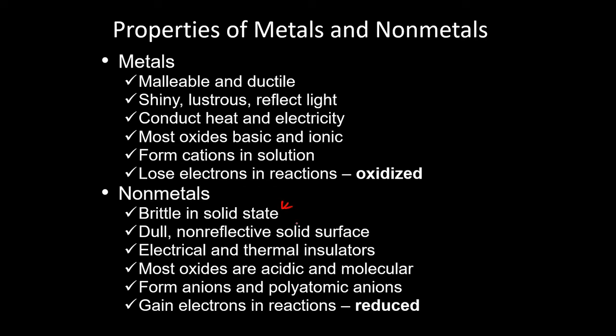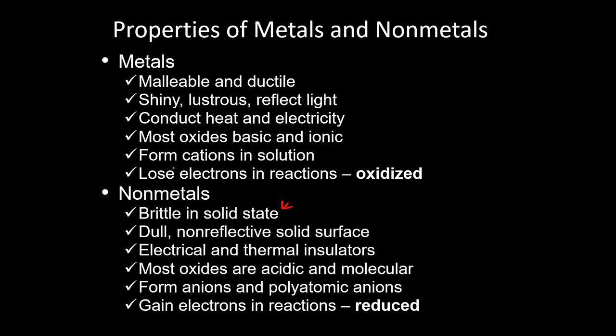I don't know if you've ever tried to form something out of charcoal, but charcoal, which is mainly carbon, a nonmetal, you're not making too many buildings out of charcoal. Those tend to crumble pretty easily. Metals also conduct heat and electricity very well, and most nonmetals are electrical and thermal insulators. Most metals form oxides that are basic and ionic, whereas nonmetals form acidic and molecular oxides.